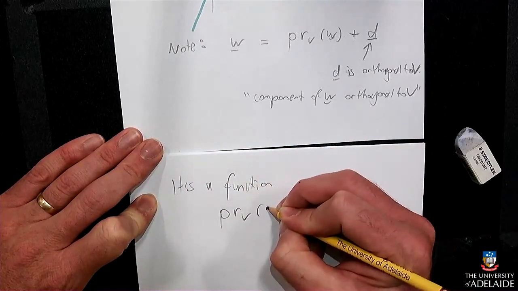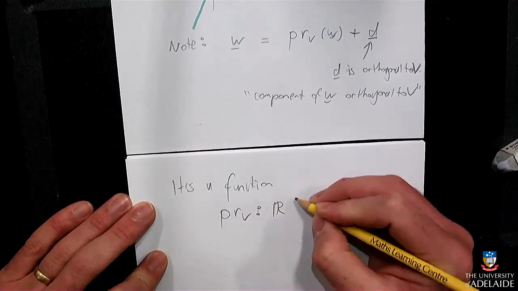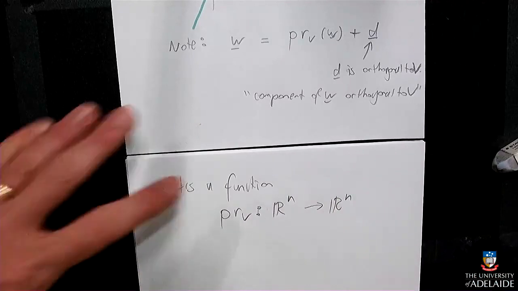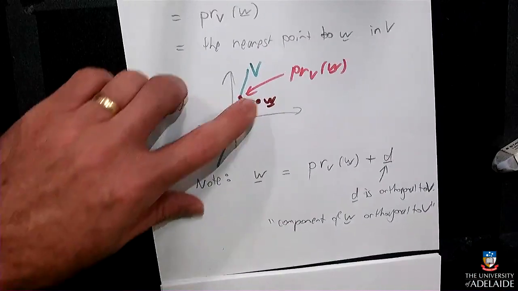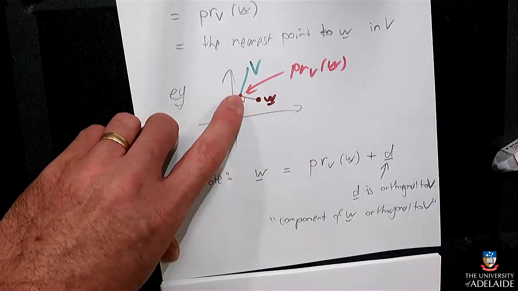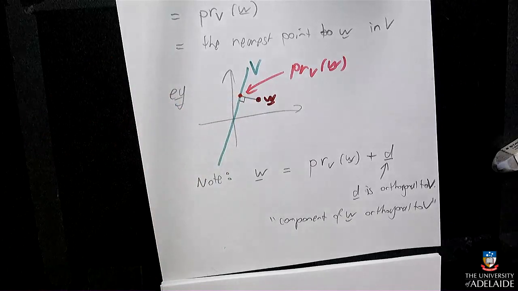PRV is a function that sends R whatever to R whatever. So in this case here, it takes 2D vectors in and it spits out as answers other 2D vectors. And when we say vector, we mean point, because that's how mathematicians think about vectors most of the time, unless they're adding them together.